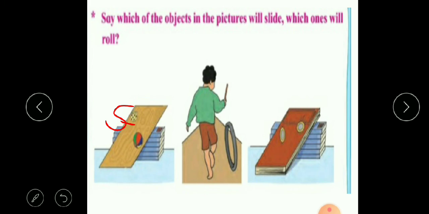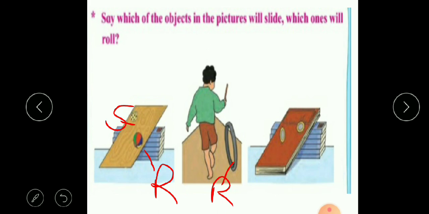And see, this is a ball which is round in shape, and round object will roll. So this ball will roll. I am writing R here for rolling. See the next figure. This is again round in shape, and we know that round object will roll. Again I am writing R here.